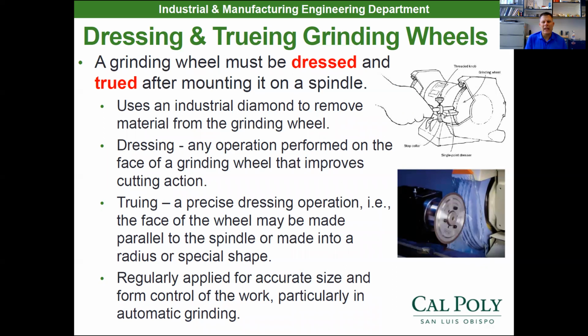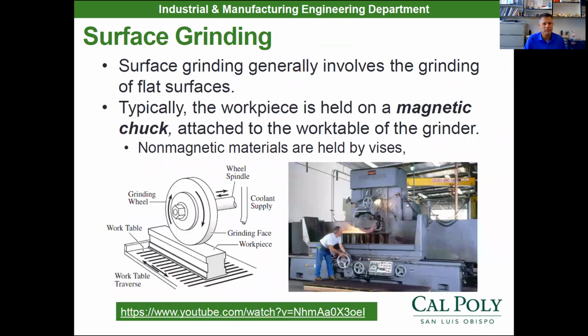So that's actually an industrial diamond wheel on the left side there that's shaping the grinding wheel that's on the right side. So the grinding wheel's in blue and the industrial diamond blade right there is putting a form into that wheel. So then it can go along and grind an actual gear right there. So dressing and truing gets your wheel to the correct shape and size for the grinding operation.